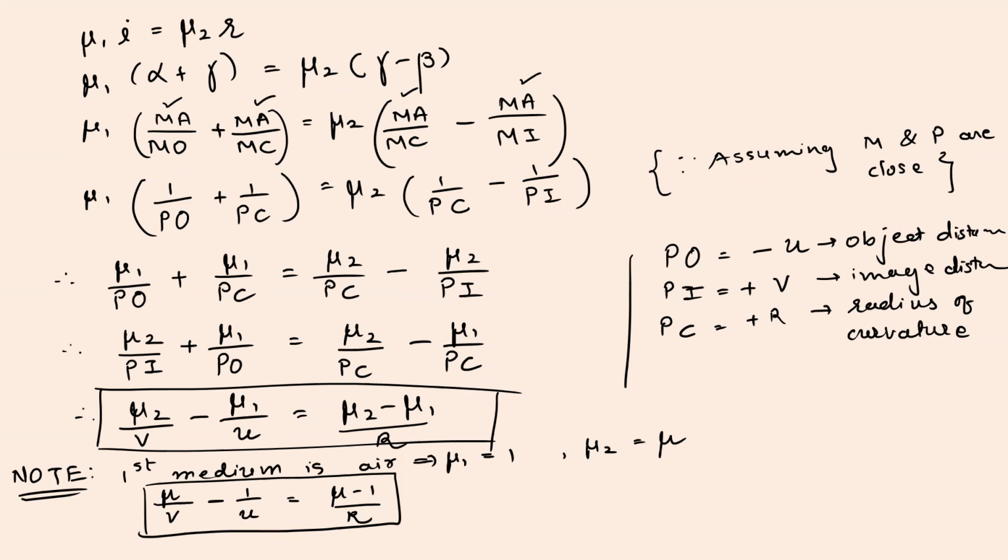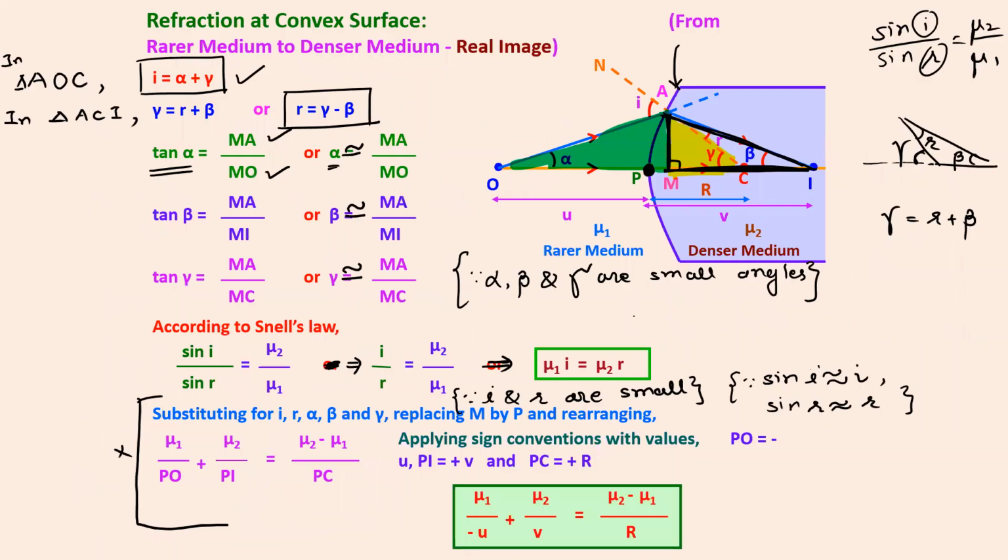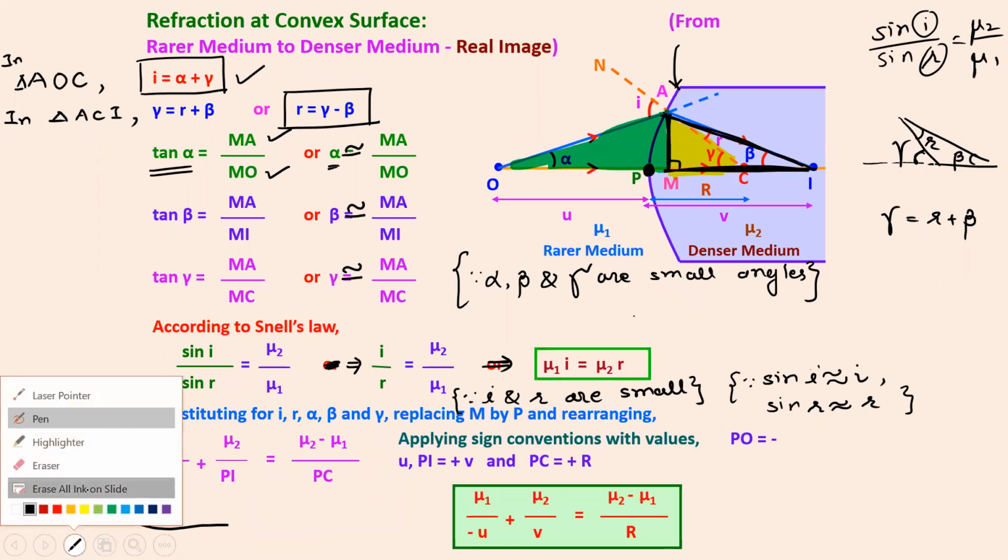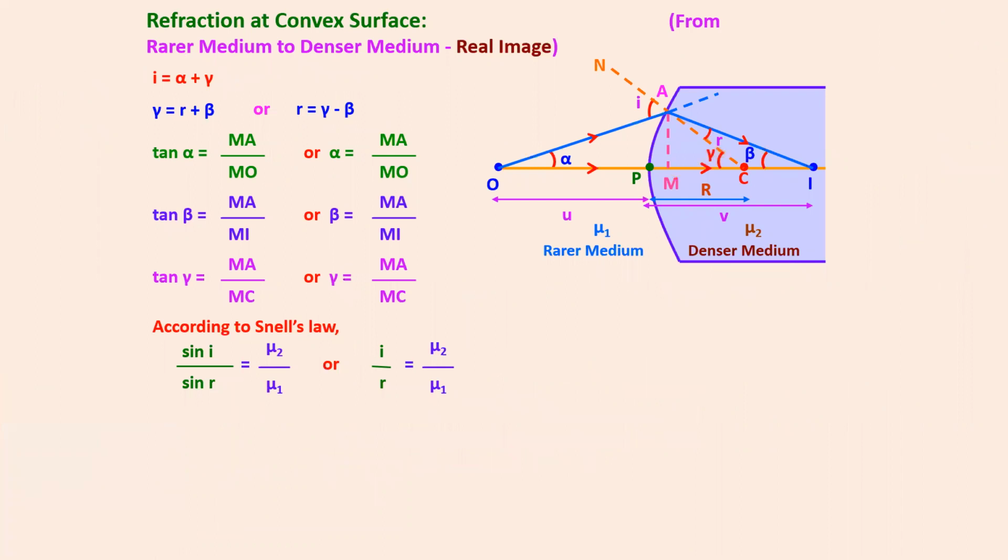Again, we can revise. Okay, we had this diagram. We just had a point object which is lying on the principal axis. We took two rays. The first ray is OA, which is going to be incident at point A. At the point of refraction, it goes from rarer to denser medium, that means bending towards the normal.